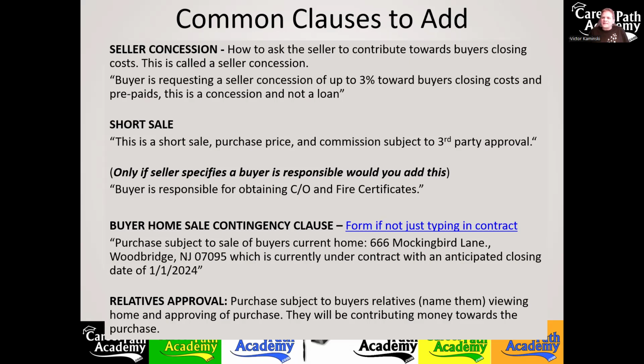And then also state what the status of that contract is. You know, I hope it's already on the market. I hope it's already under contract if you're putting in an offer on another house.